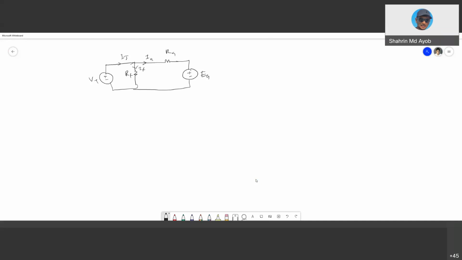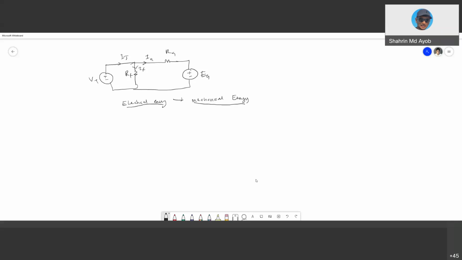Right now the motor is actually transforming electrical energy into mechanical energy. So for electrical energy, what is the important parameter?